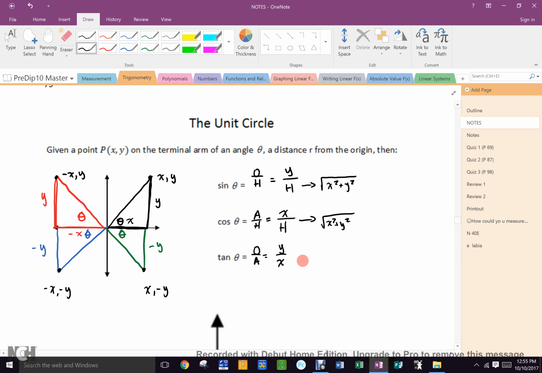Okay. You guys are smart kids now. What then is red theta's sine? Still O over H. Okay. What's opposite of red theta? Y. So it must be Y over what? Hypotenuse. What do I know about that hypotenuse and this hypotenuse? Why?